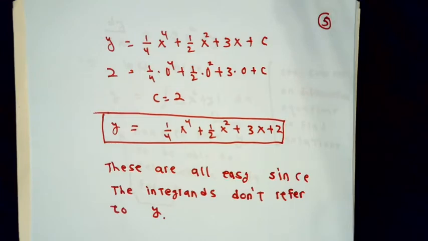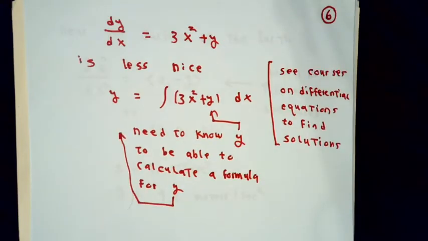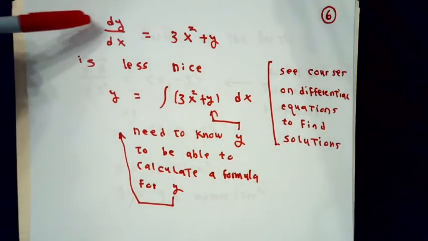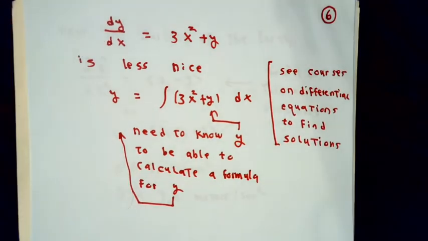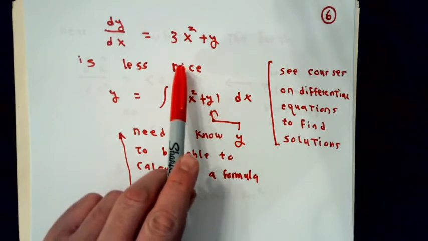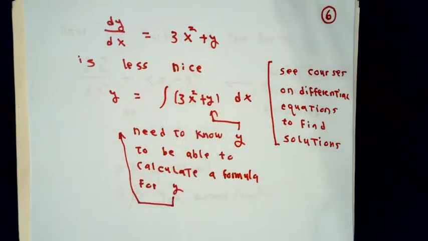All of this is relatively easy because it just boils down to doing an integration problem. Of course, things don't have to stay that nice. A differential equation that states the rate of change of y with respect to x is the same thing as 3 times x squared plus the value of y is a perfectly legitimate differential equation.